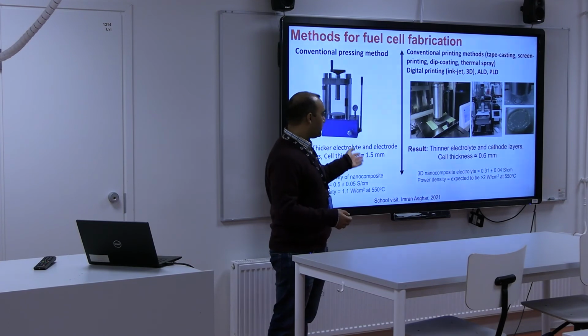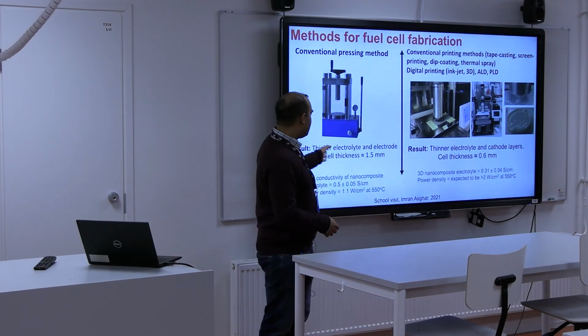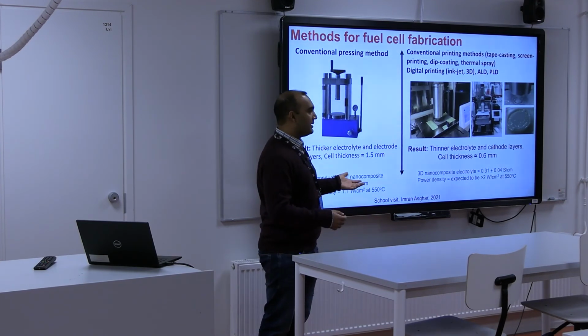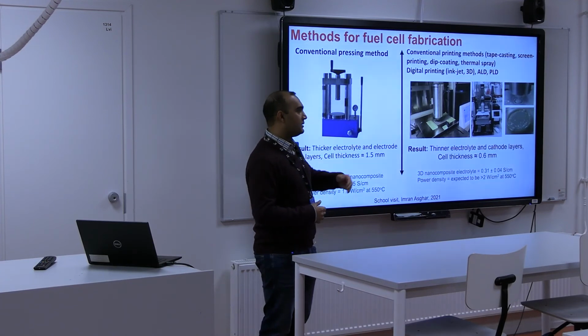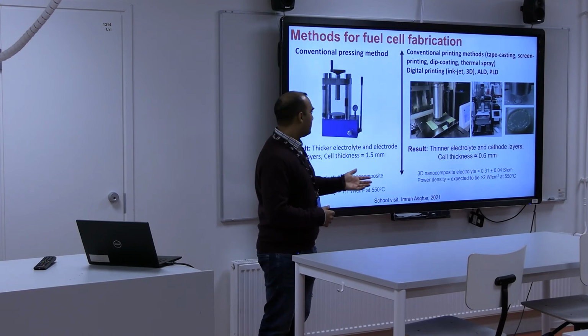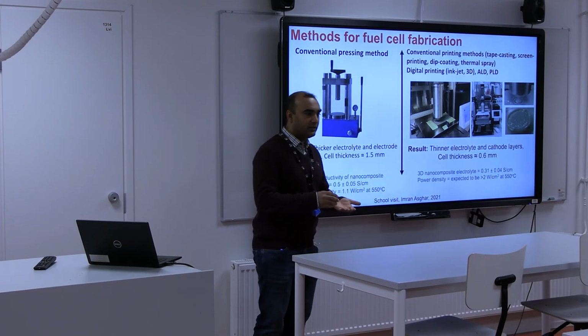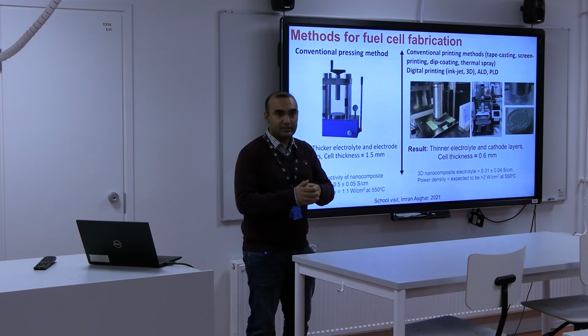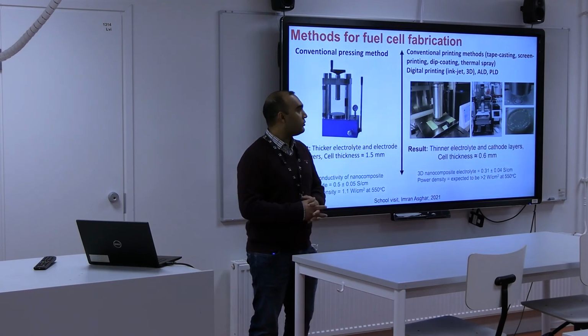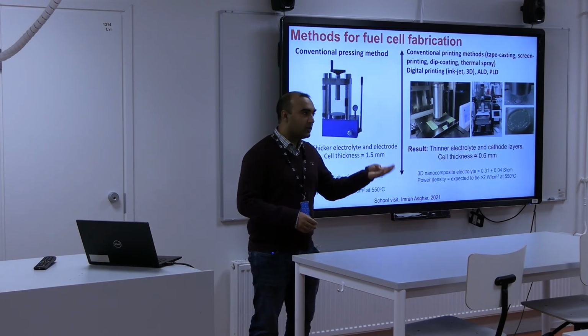But another reason we have switched to printing technologies is that this method is not upscalable either. Because when a technology is good, it should be good for mass production. With these methods, the idea is that we put the powders and we put lots of load on top of it. For small cells, for example, if you want to press with 250 megapascal, we can put 4 tons on it.